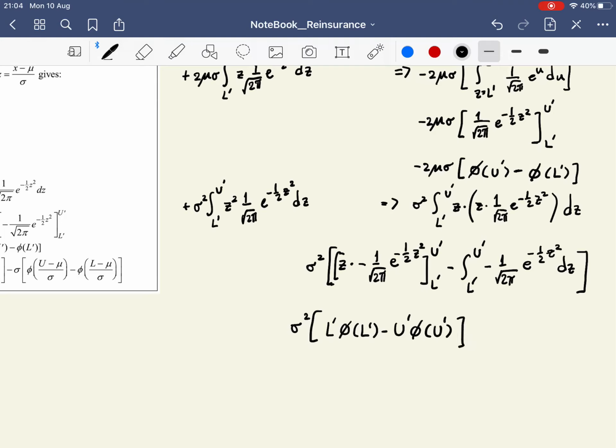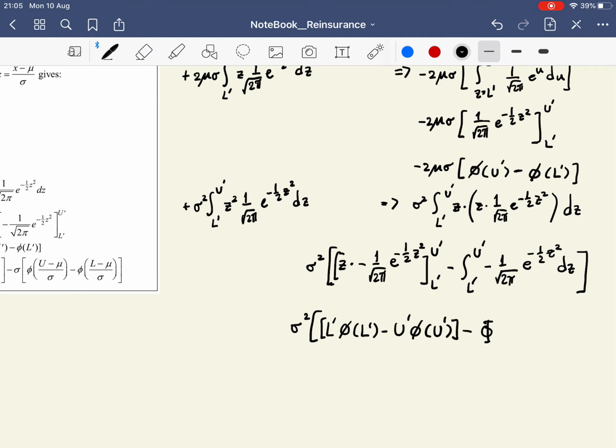Okay, we have this for the first part, and for the second part, this is just the area under the curve, right?